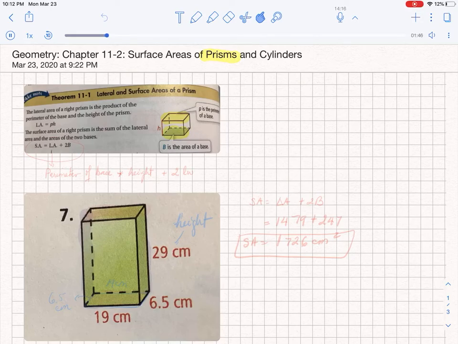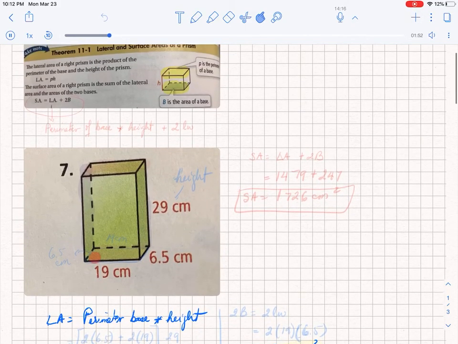I have the bases right here. Again, this can be a different base. It doesn't have to be that shape itself.